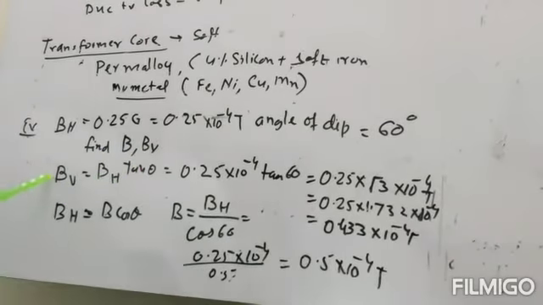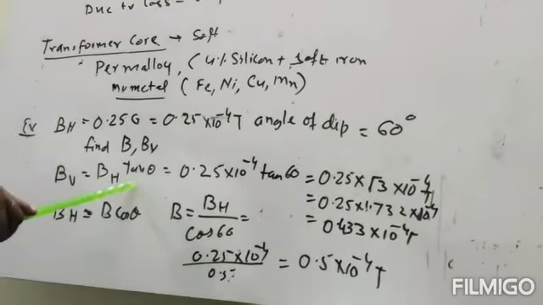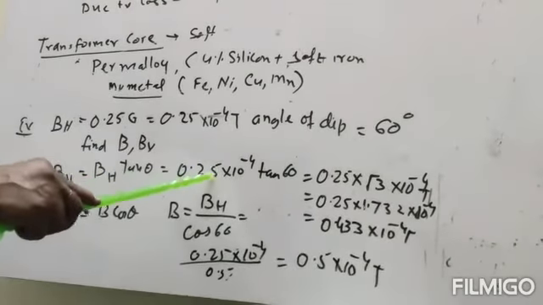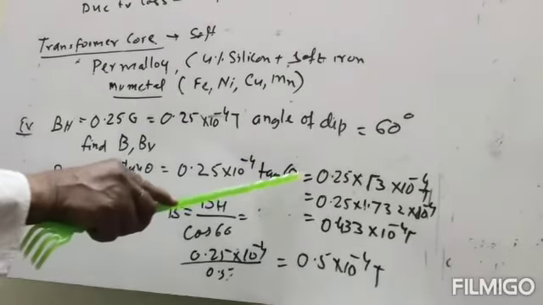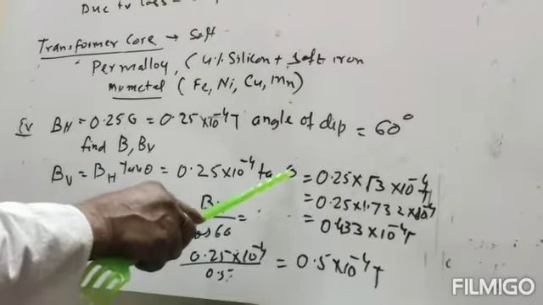Now we know that the vertical component BV will be equal to BH tan theta. BH is equal to 0.25 into 10 raised to minus 4 into tan 60. Tan 60 is equal to root 3.